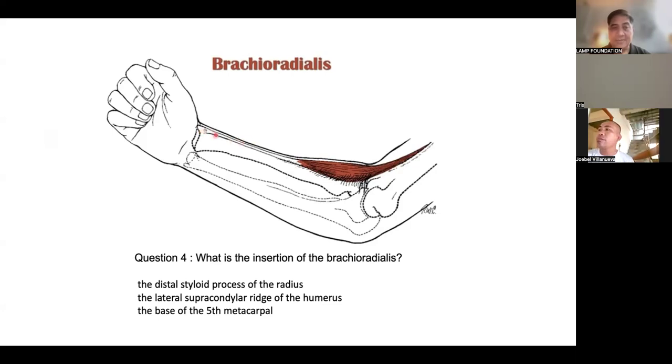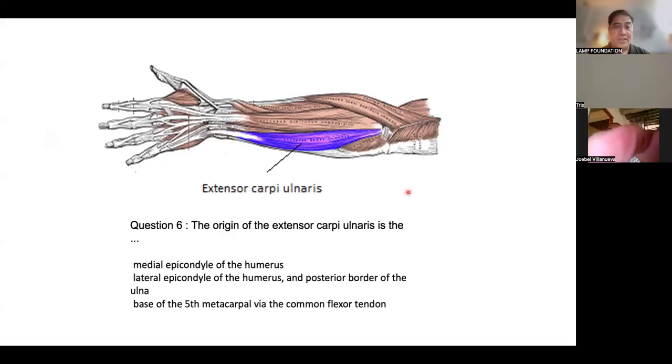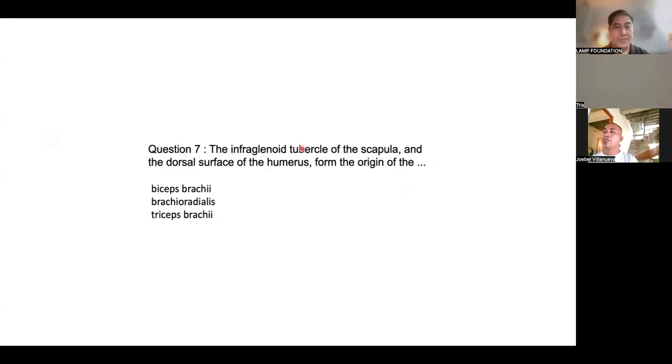Radius, of course. The lateral supracondylar ridge of the humerus is the origin of the brachioradialis. The origin of the extensor carpi ulnaris is the lateral epicondyle of the humerus and the posterior border of the ulna.